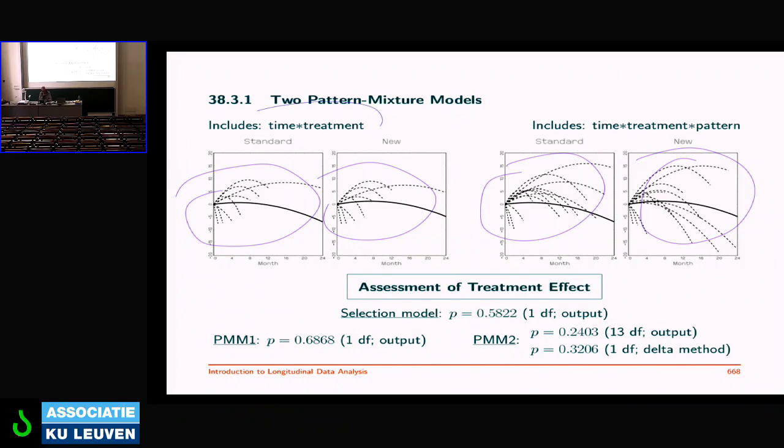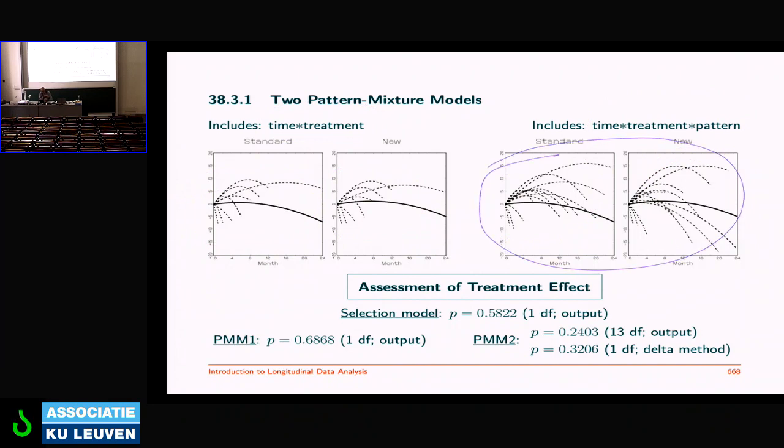In the first one, you have a time by treatment interaction, and then a time by pattern interaction, for example, but only pairwise interactions. In the second model, there's a time by treatment by pattern interaction, and there the profiles start to diverge, start to be different from each other in a wilder fashion than before.